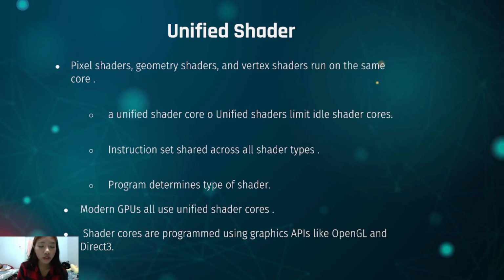For your information, today's GPUs use unified shader cores because it makes GPUs more capable and flexible. Unified shader cores also avoid the need for a new design of GPUs, as it would become more expensive to design a new GPU. To add, these shader cores are programmed using graphics APIs like OpenGL and DirectX.